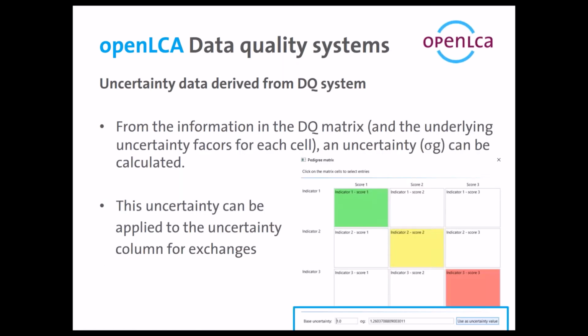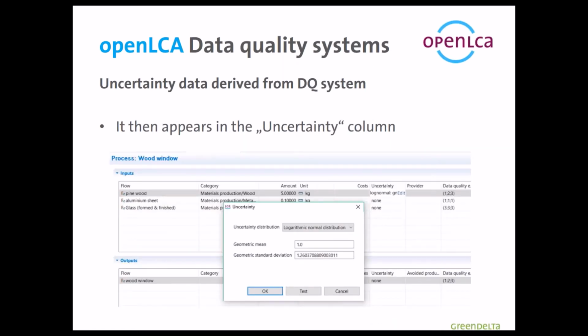And if you're using a system that defines uncertainties, an uncertainty is calculated from the data quality entries that you have selected, and you can choose Use as uncertainty value to apply this value as uncertainty value for a flow, which means that it is added to the uncertainty column.